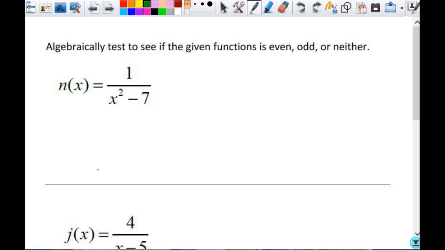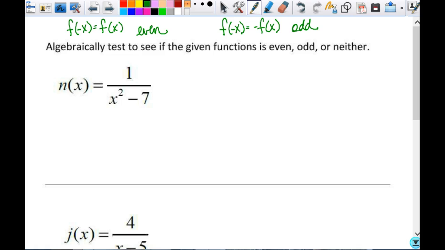Remember that if f of negative x equals f of x, that means it is an even function. If f of negative x equals negative f of x, then that makes it an odd function. Okay, and if neither one of those is true, then it's neither one of them.